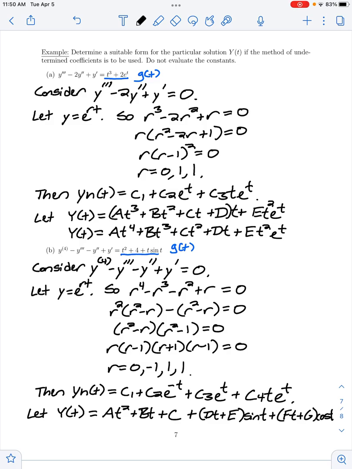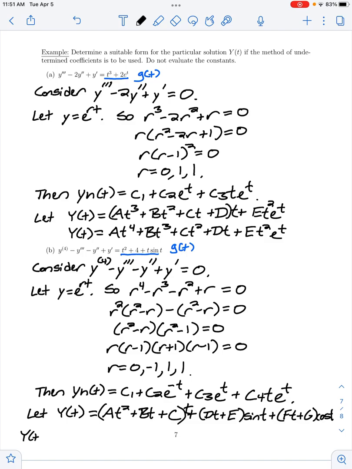In comparing these terms with our homogeneous solution, well, we didn't see any sine or cosine terms. However, since r equals 0 was a root of the characteristic equation, our homogeneous solution already contains a constant, c1. So for our particular solution, we have to take this quadratic term, which involved a general constant c, and multiply by a factor of t to the first.